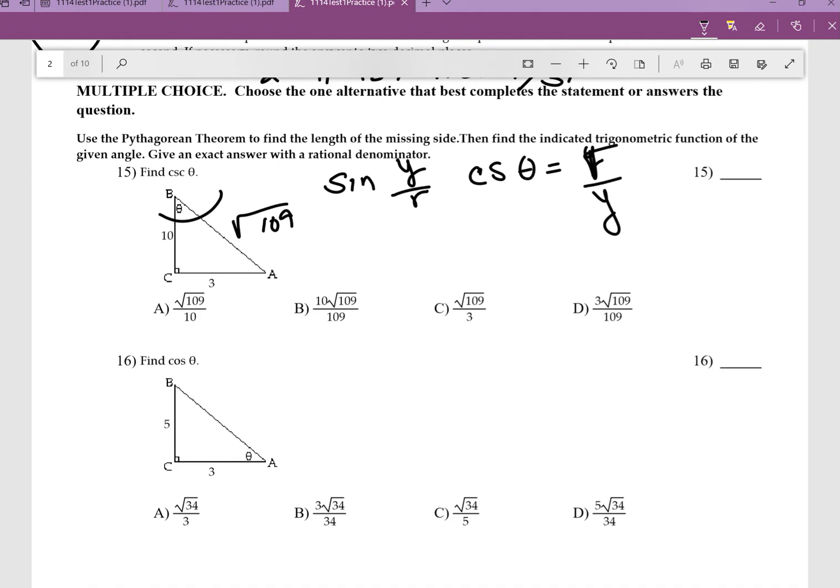And so this is our r value. This is square root 109 over, if I had done opposite, so remember this is sine, so opposite sine would be 3. So in this case the y value is 3. Because remember this would be y and this would be the h. Opposite over hypotenuse.